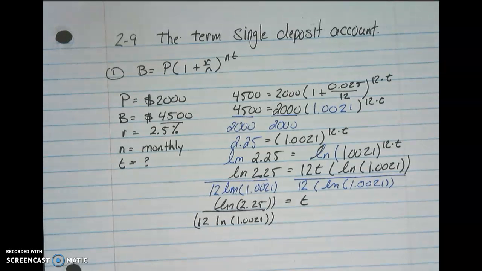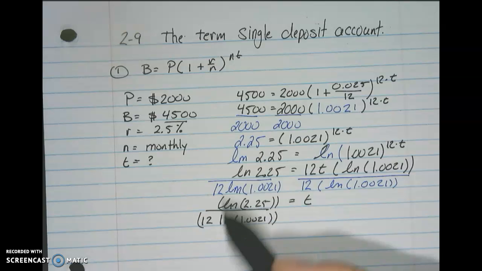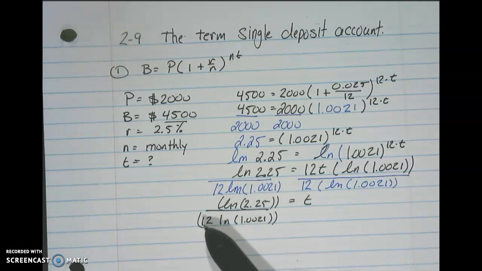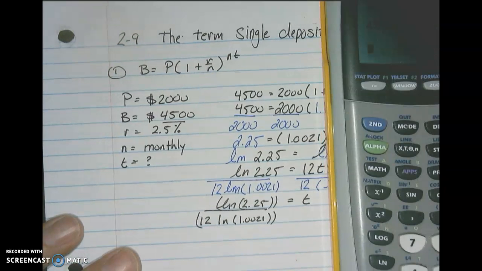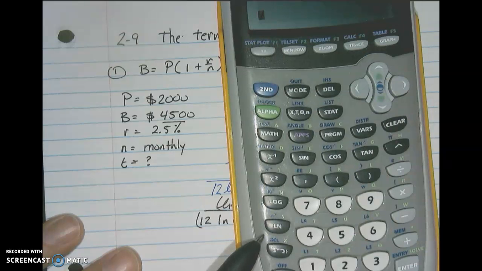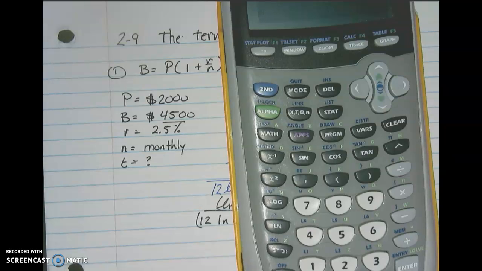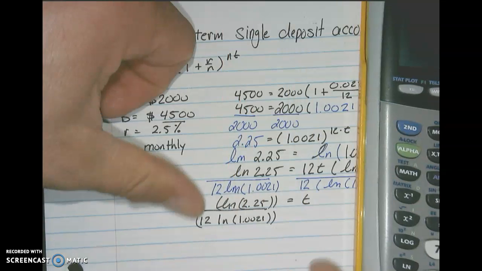So I can't, personally, tell time with natural logs. I don't know if anybody else can. So what we're going to do is we're going to use our calculator, okay? My LN button is right here, okay? I think if you got the blue TI, you got to do second and then wherever the stat button is, where your E button is, that's where your natural log is going to be, okay?